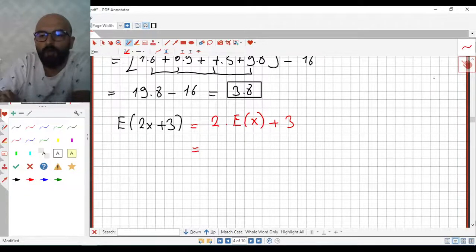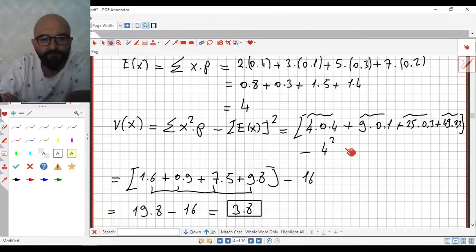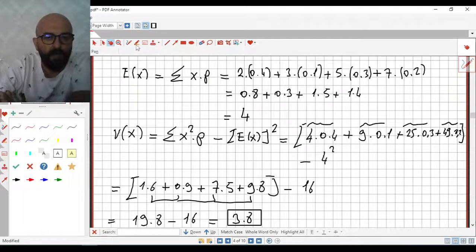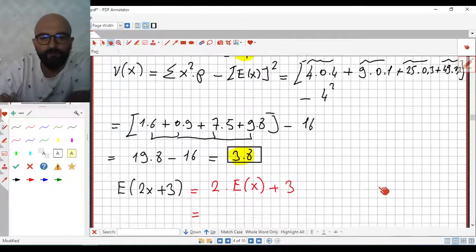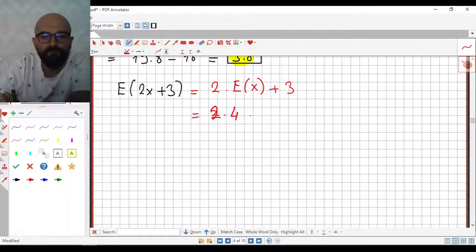Our expected value is 4 and our variance is 3.8. So 2 multiply 4 plus 3 means 11.